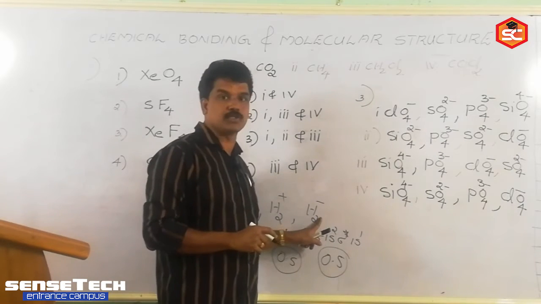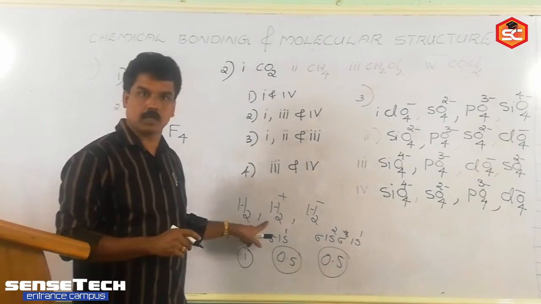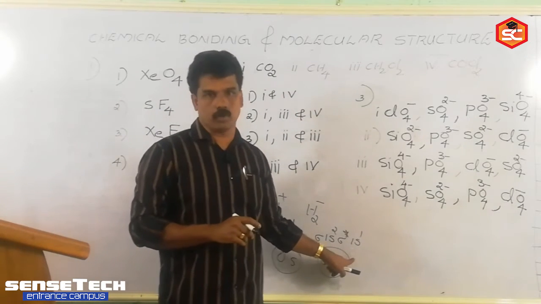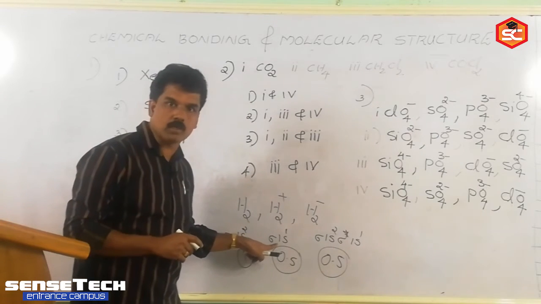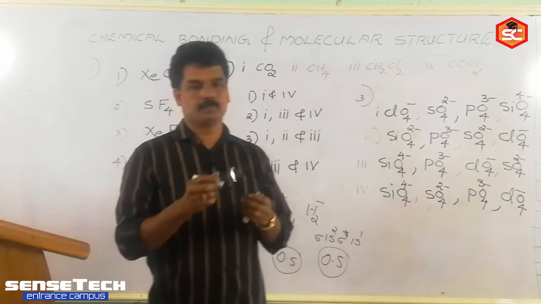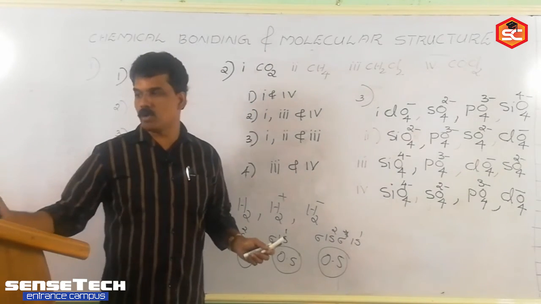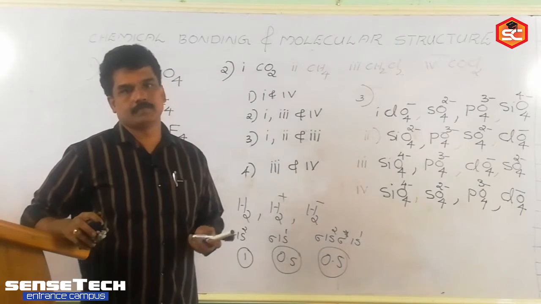So He2 minus is less stable than He2 plus. Clear now? In He2 plus the electron is only in the bonding molecular orbital, which is more stable. So if the bond order is the same, check the MO configuration. The electron in anti-bonding makes it less stable.